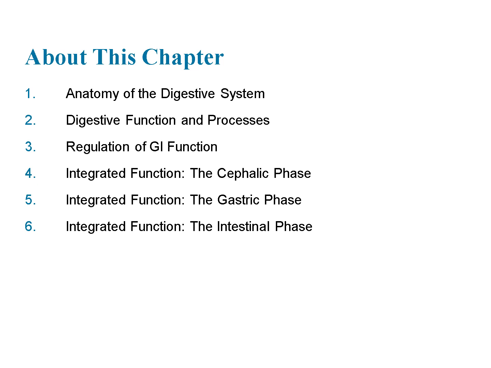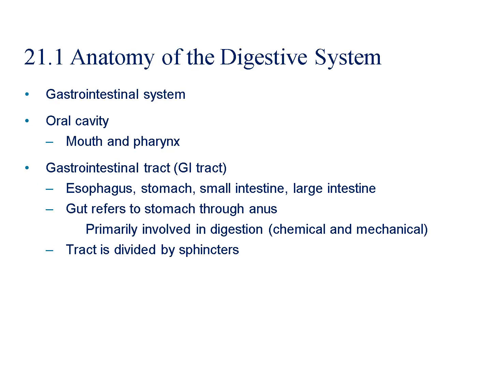overall health. In this section, we will explore the anatomy of the digestive system, a complex network of organs that work together to break down food and absorb nutrients. The digestive system consists of two main components, the oral cavity and the gastrointestinal tract.